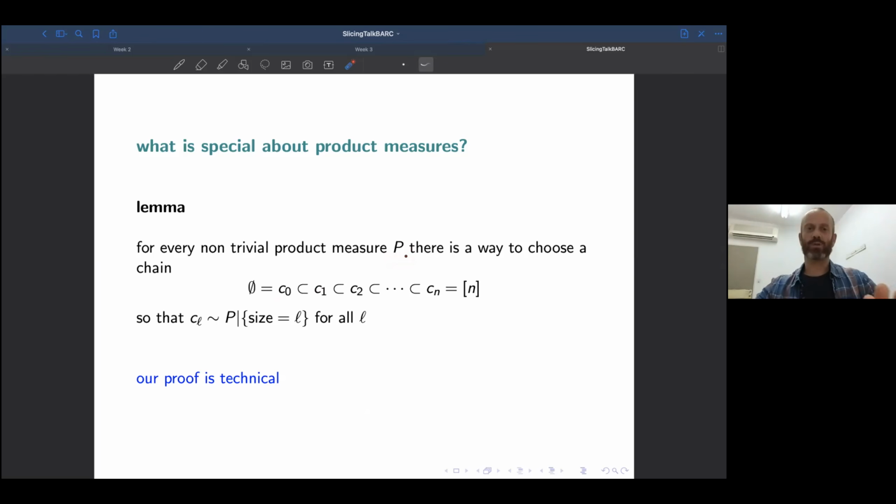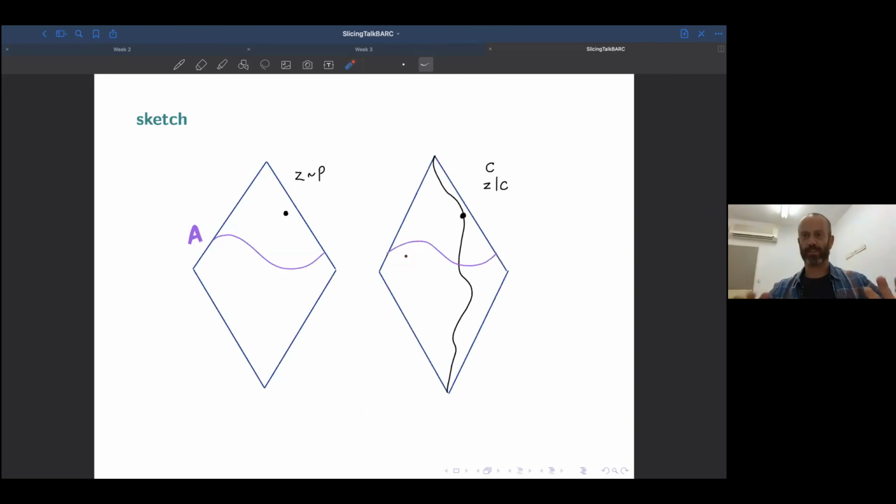Okay, so I want to use the lemma, and I hope it will actually help to explain the lemma. So here is the proof, this picture. And I will try to explain how the lemma is useful, and maybe it will help to understand the lemma. So on the left-hand side, this is what we are interested in.